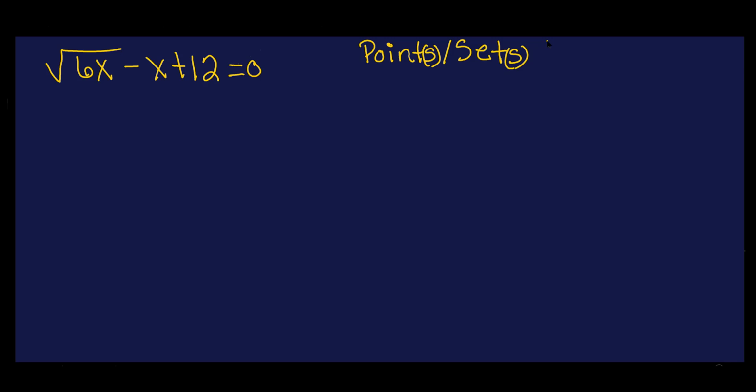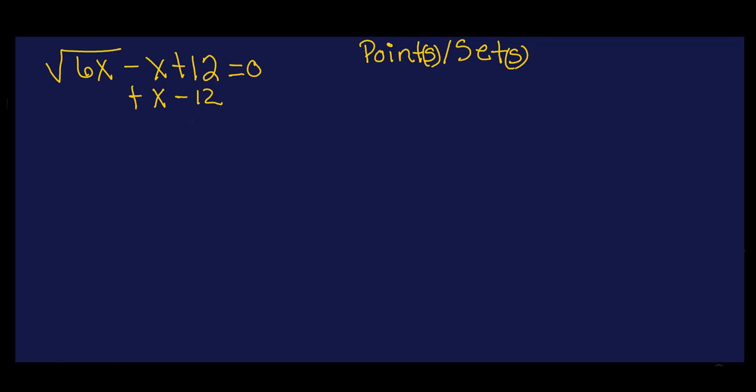So to start off, we're going to add x here, and we're going to minus 12 here, so that we can cancel these two out and get them behind the 0, and this square root of 6x is going to be on its own.